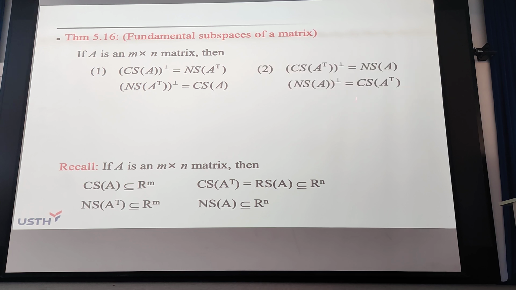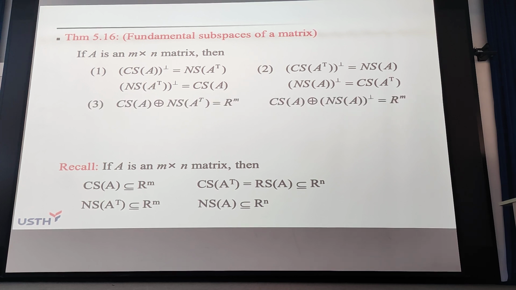And here, if we take the row space of A, or column space of A transpose, its orthogonal complement will be the null space of A, or the null space of A will have the orthogonal complement to be the row space of A.